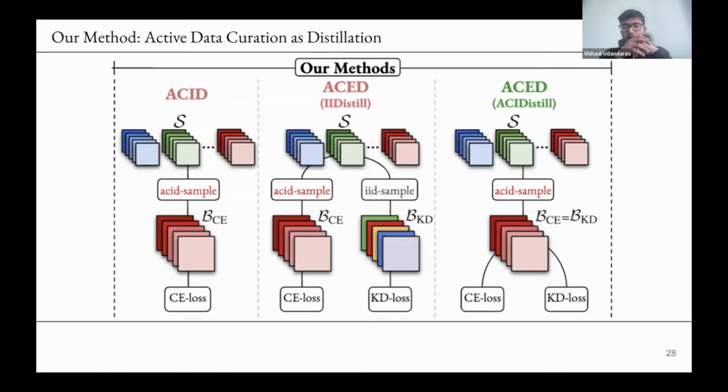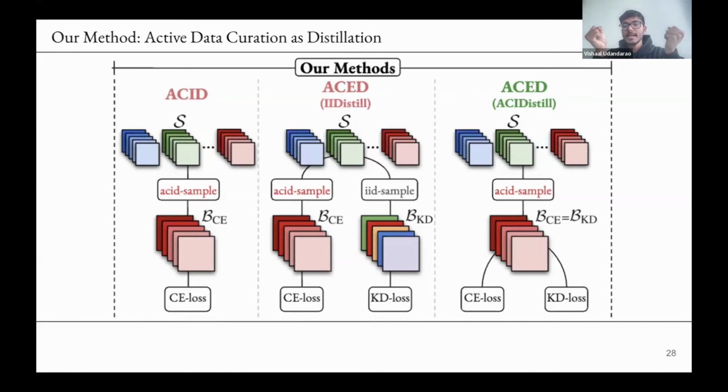So in the middle, I'm showing you the approach where you would sample the top scoring samples based on ACID, apply the contrastive loss there, but you would also sample IID samples from the S super batch where you would apply your distillation loss, right?